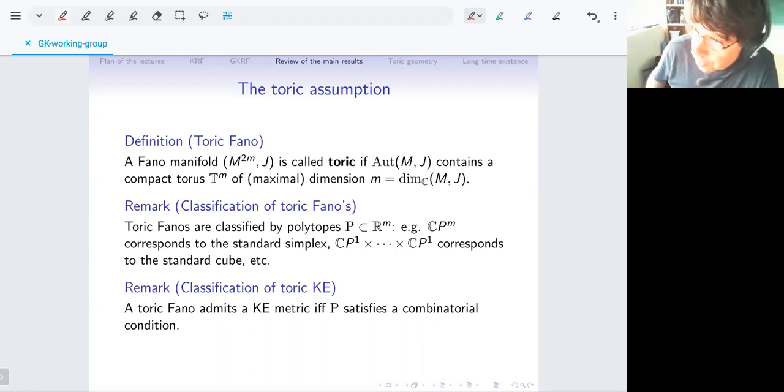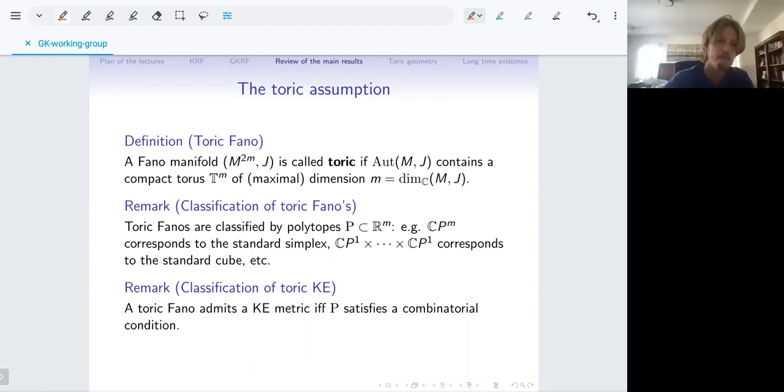So what is the toric assumption, first of all? It's a very simple assumption. You take the automorphism group of your Fano manifold. It's a finite-dimensional complex group, so it has a maximal torus, and all maximal tori are conjugate to each other. You take one of these maximal tori and you measure its dimension, and you want it to be half of the real dimension of the manifold, equal to the complex dimension.